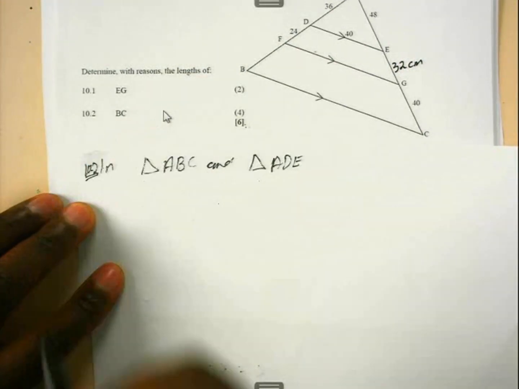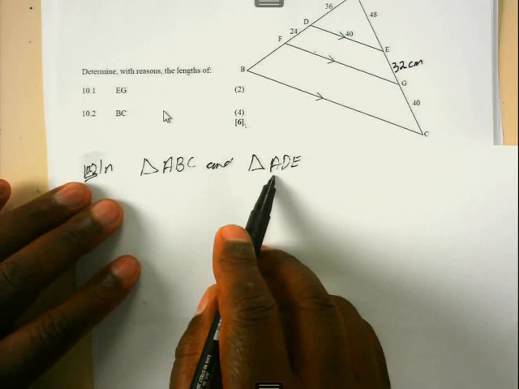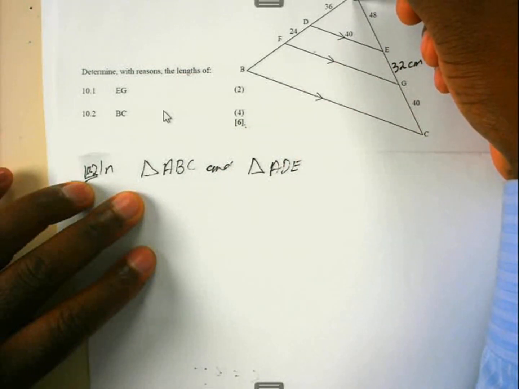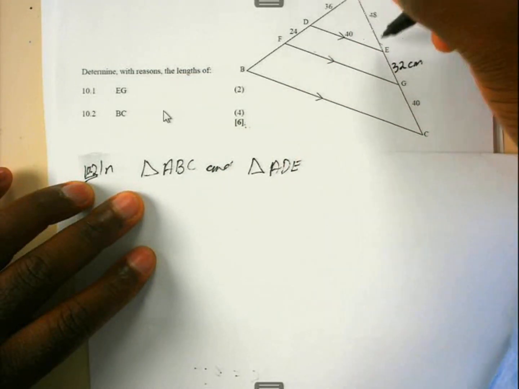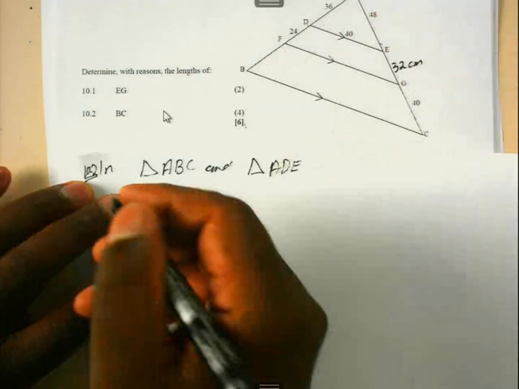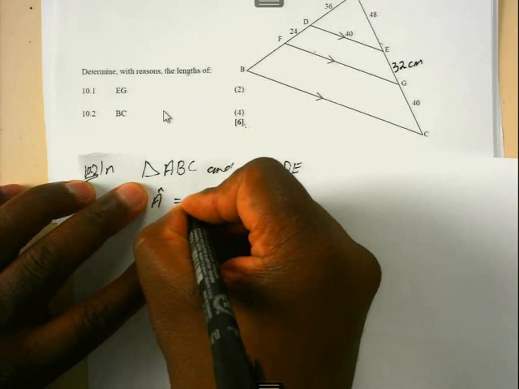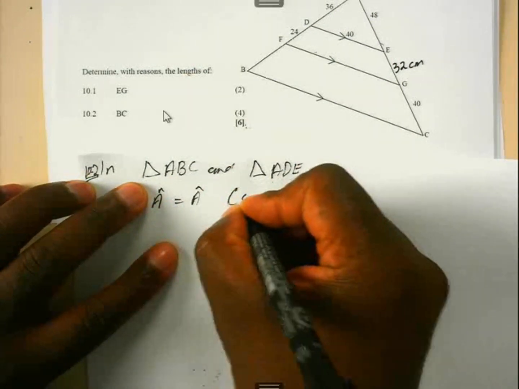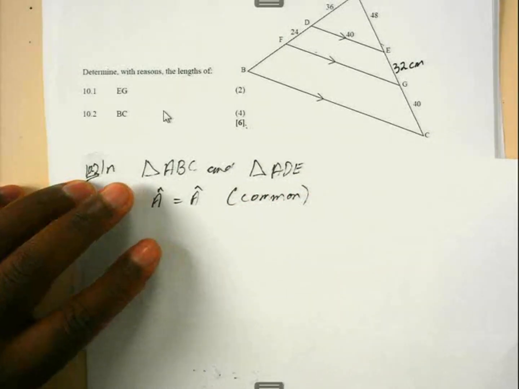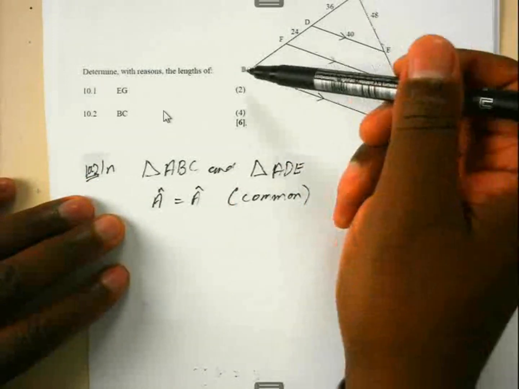We are busy with 10.2. We are in triangle ABC and triangle ADE. We've got angle A. This angle appears in triangle ADE, and again in triangle ABC. So we say angle A is equal to angle A. It's common to the two triangles. Then, in triangle ABC, check angle B here.